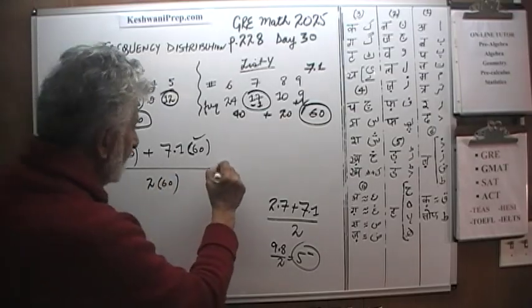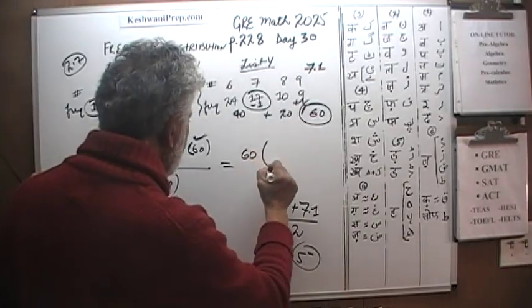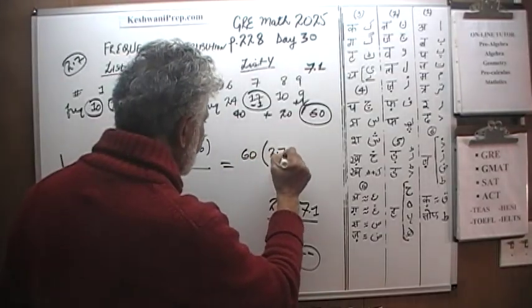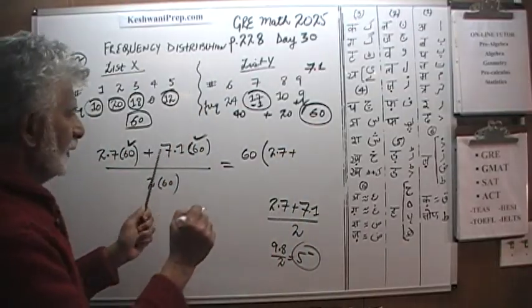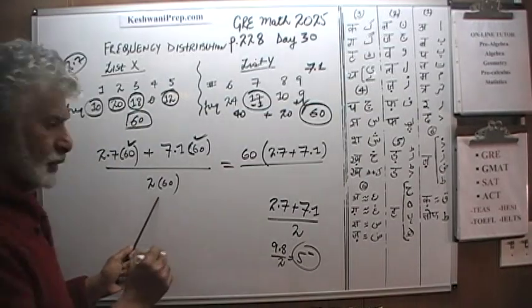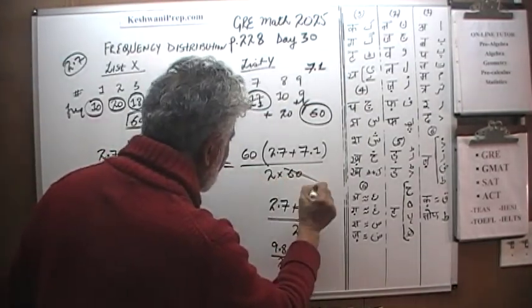As you can clearly see, we have a 60 here and a 60 here. If you were to take away the 60 common, we are left with 2.7 plus 7.1 over 2 times 60, and 60 drops out.